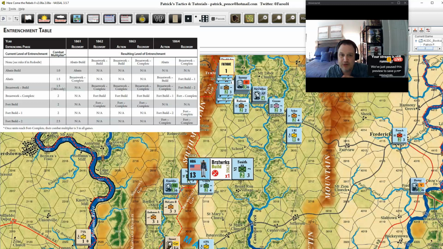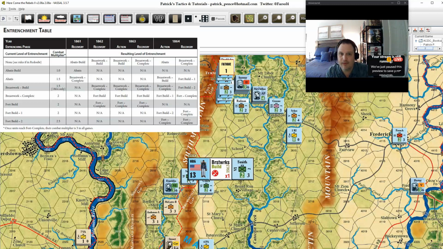But when you get into 1864 scenarios, I mentioned it before, one of your activities when you activate a unit is that in lieu of marching, they can just dig in. They can cut down trees and build an abattis, improve that abattis to breastworks, and keep going all the way up to a fort.